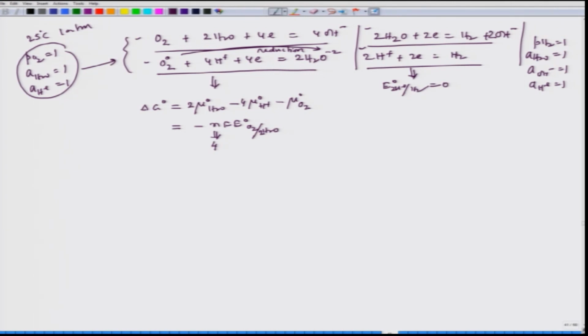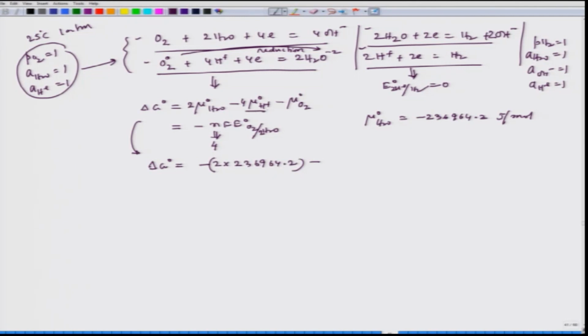Now, I can have the value of mu0 H2O equal to minus 236,964.2 joule per mole. So, then I get delta G0 equal to minus 2 into 236,964.2.